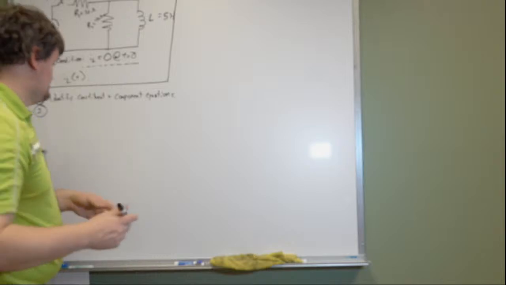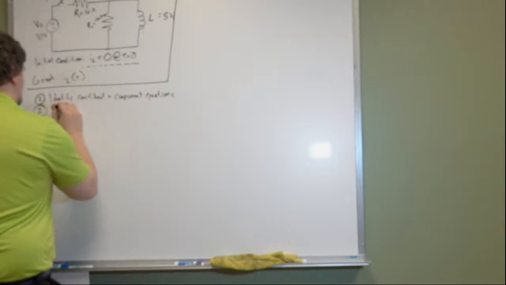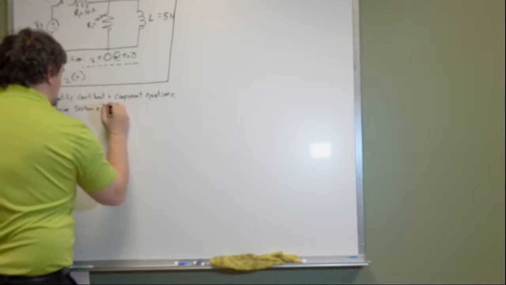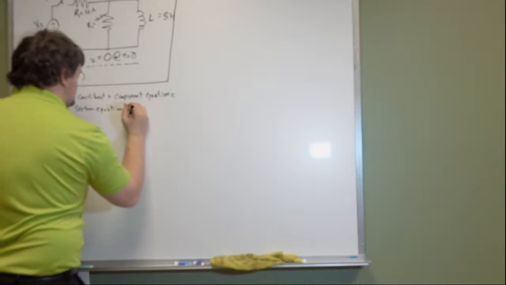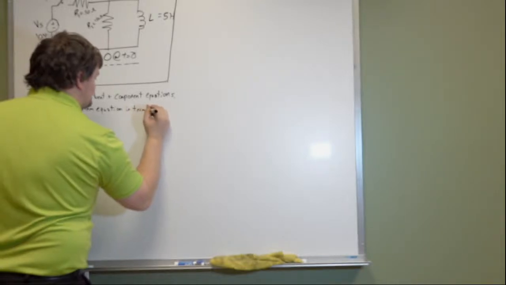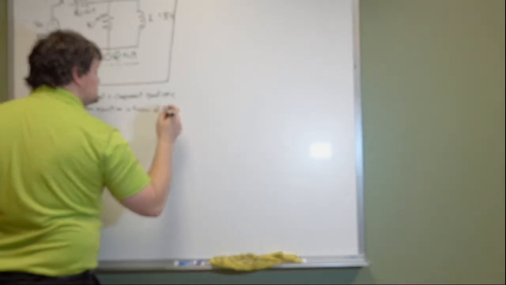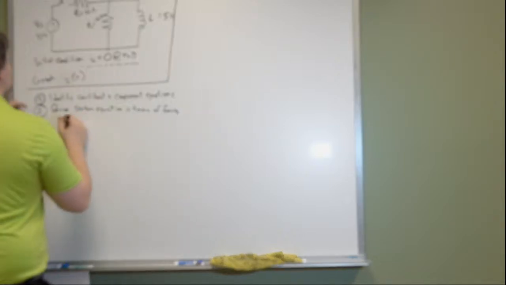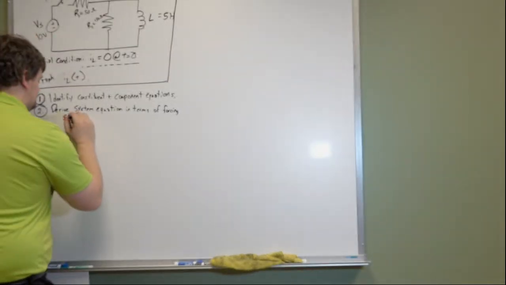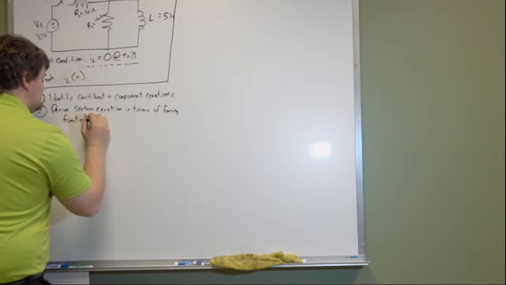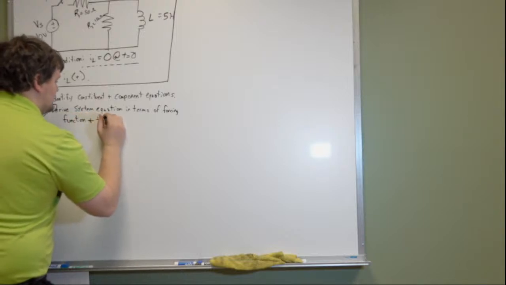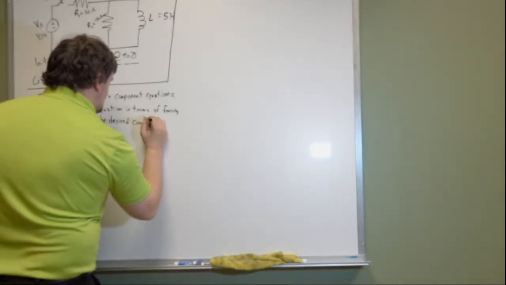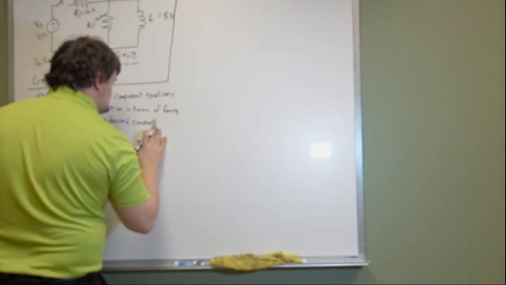Okay? Second, what we're going to do is derive the system equation. And when we do so, we're doing it in terms of the forcing function, which here we have a voltage source, so it's going to be Vs, and the desired component.